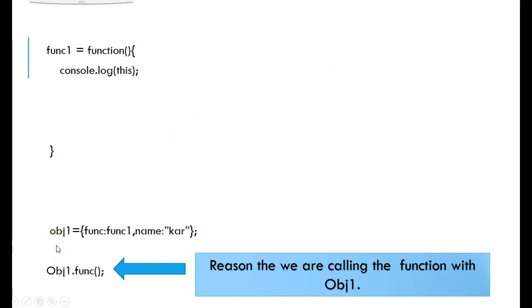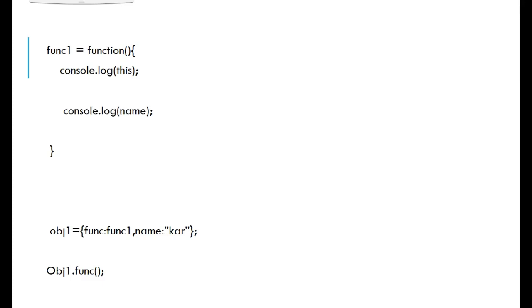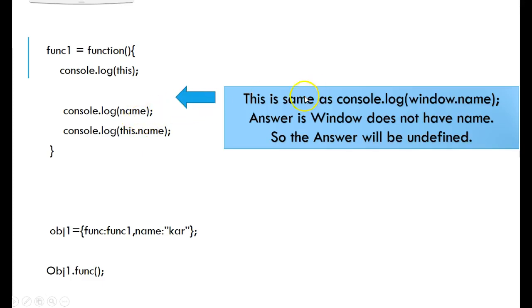Let me take another case where I am trying to print the name. Console.log name. Will it print kr? No, it will print undefined, because implicitly it means window.name. Window does not have a property called name, so you will get undefined.